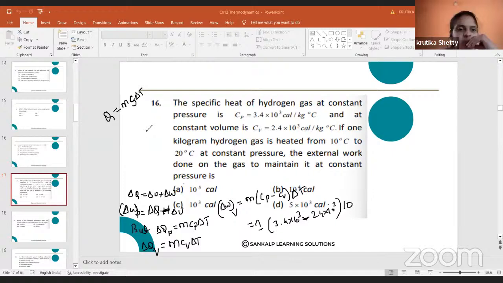If you take m common, then it is Cp minus Cv into delta T. m is 1, so Cp minus Cv, whatever values we have taken, into delta T. If you substitute everything, we will get option B. Option B is correct here.